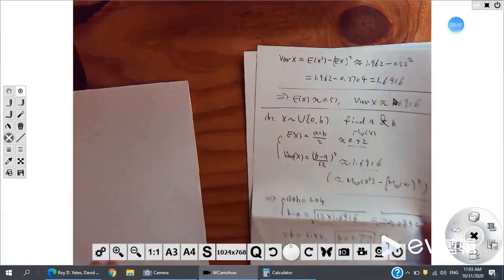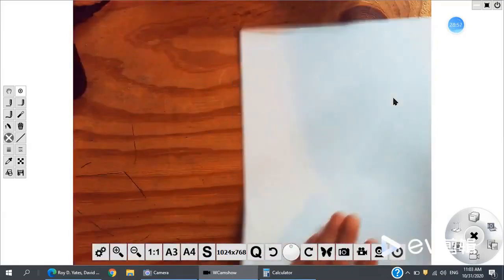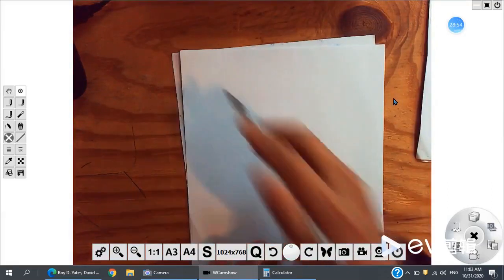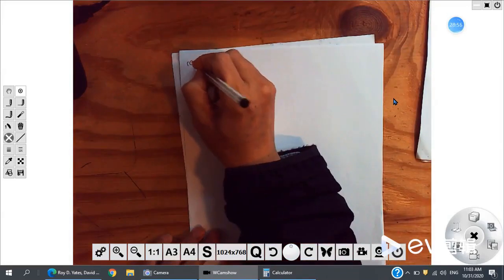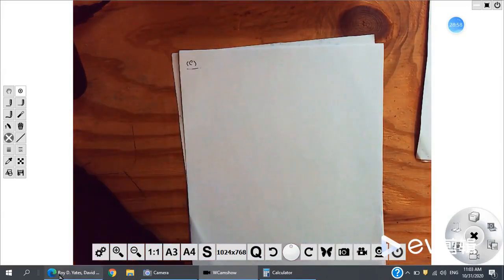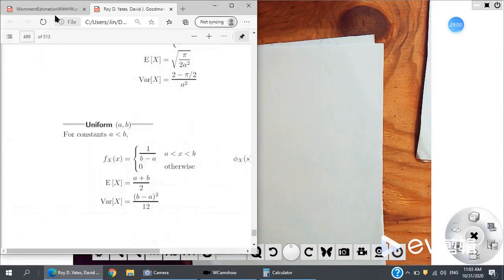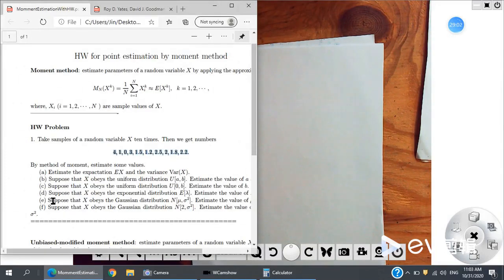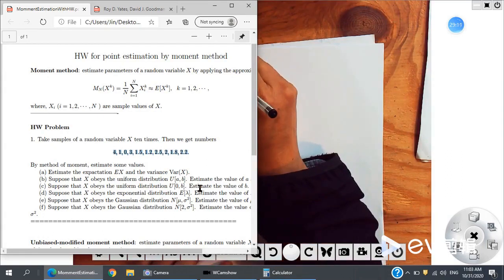Then we can consider the next case, C. Still use the same thing in the homework problem here. C is, suppose, still a normal distribution, estimate B. But here I need something different.